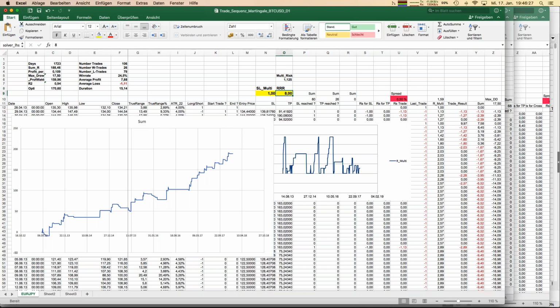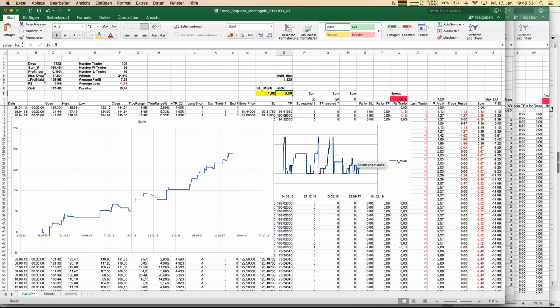But with a risk reward ratio of 8, our lot increase is totally different. We don't have to double when we have had a loser trade. We only have to multiply our original risk with a factor of 1.125, so it's not that huge.